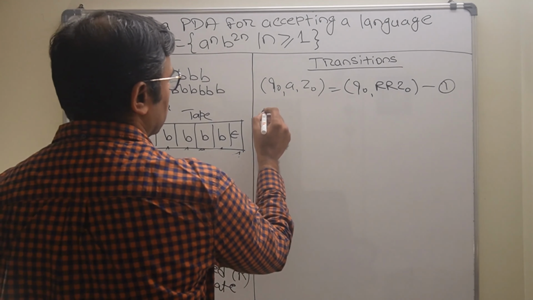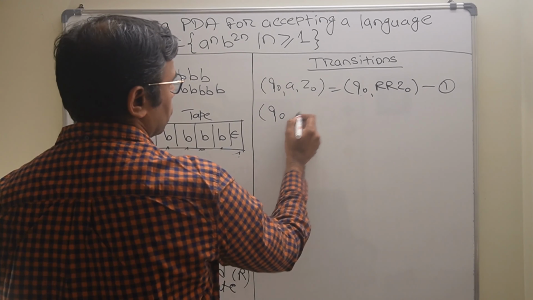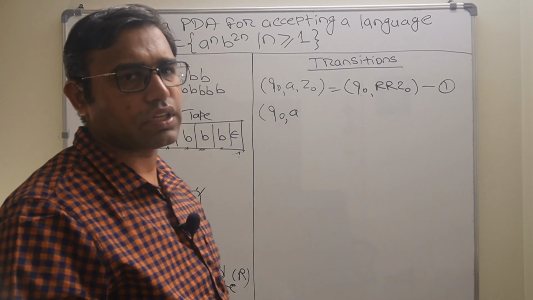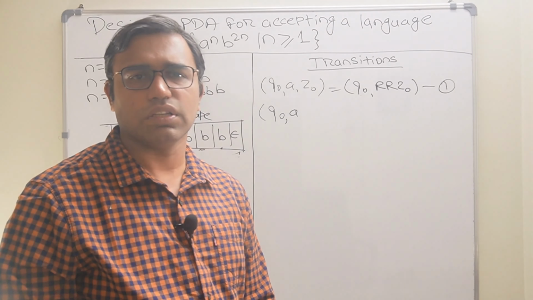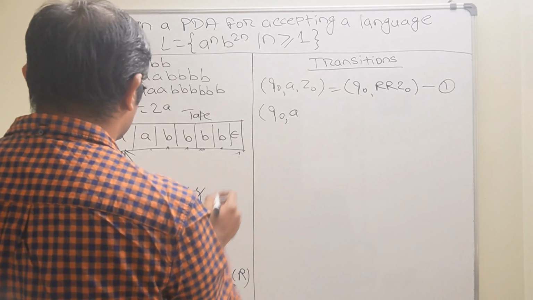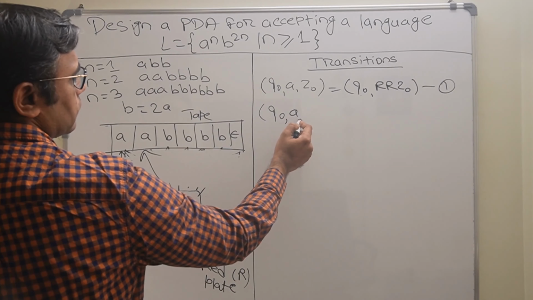So this is the first transition. Then Q0 is the next state, so the next state will become the current state here. We will change the state only when the input symbol gets changed. So now Q0 is the state, A is the input symbol.